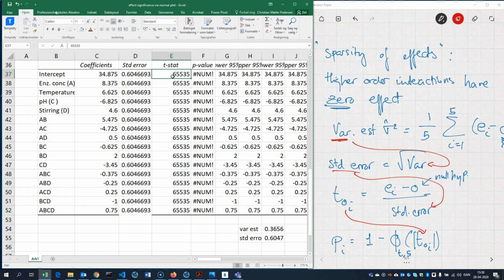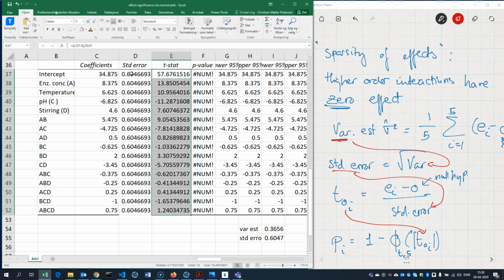Now we can compute the test statistic. According to this formula, it's just the effect minus 0 divided by the standard error. So the effect, that's this one, minus 0 divided by the standard error. And I'll make a copy of that all the way down here.